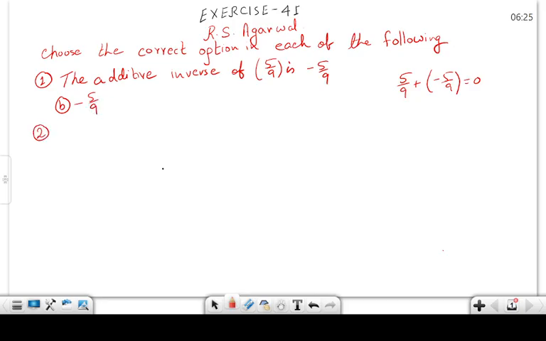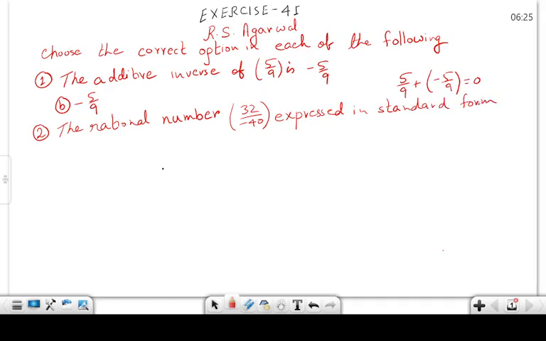Question number 2: the rational number 32 by minus 40 expressed in standard form is... 32 by minus 40 can be written as, if we divide by 2, 16 by 20, then 8 by 10 (2 fours are 8, 2 fives are 10), which is minus 4 by 5.